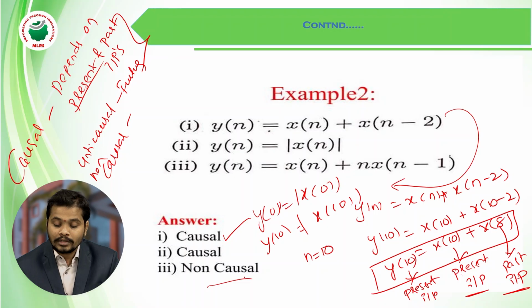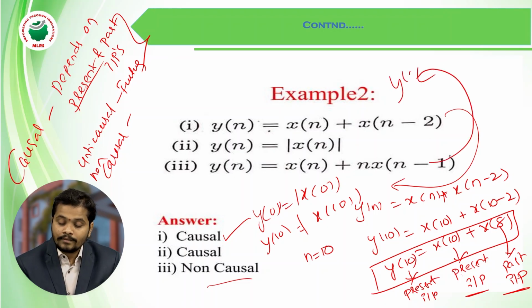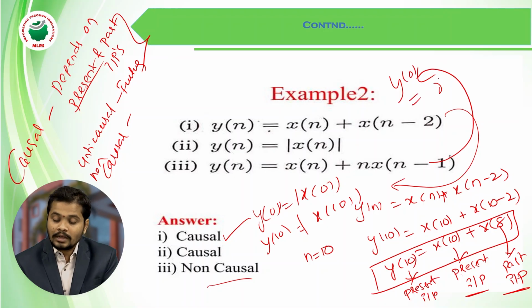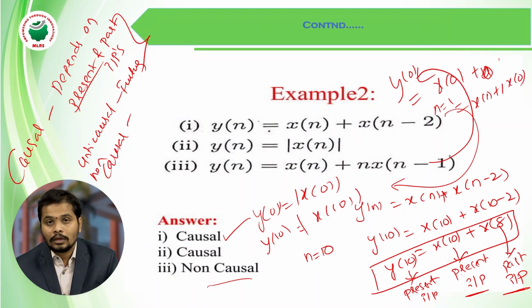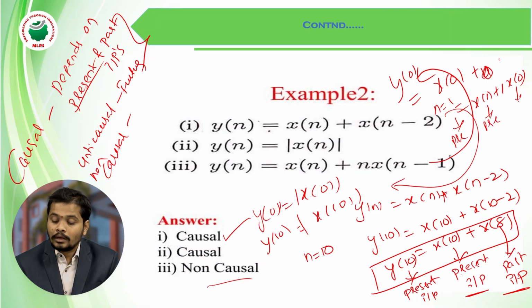Coming to the next one, I am substituting y of 0 equals x of 0 plus n into x of 0 minus 1. If n equals 1, x of 1 plus 1 into x of 1 minus 1, that is x of 0. Here n equals 1 is the present, and this is the past.